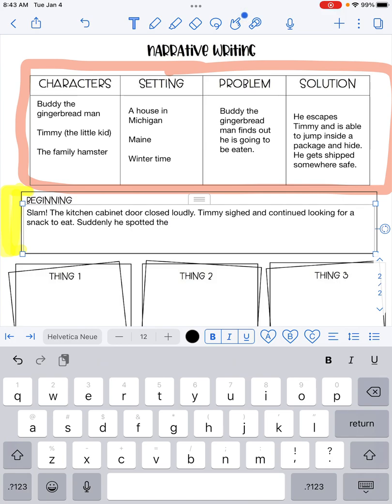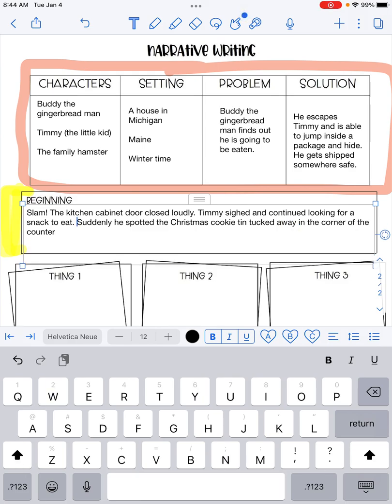Suddenly, he spotted the Christmas cookie tin tucked away in the corner of the counter space.